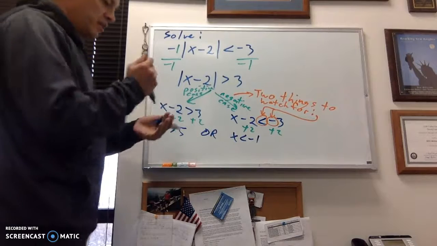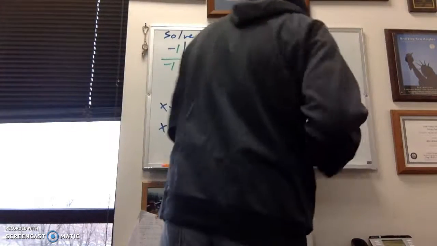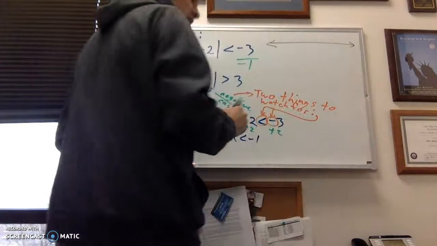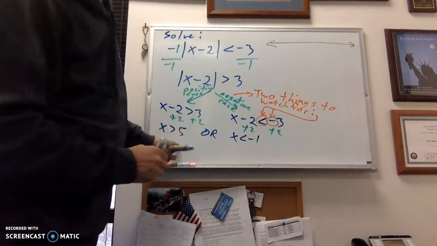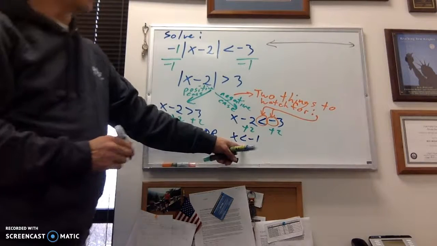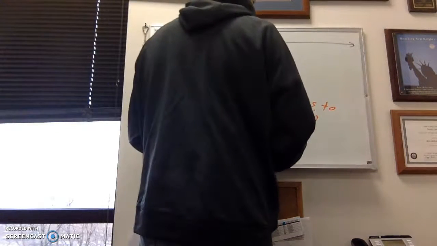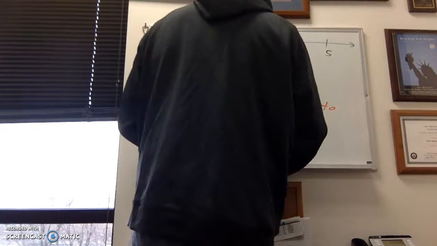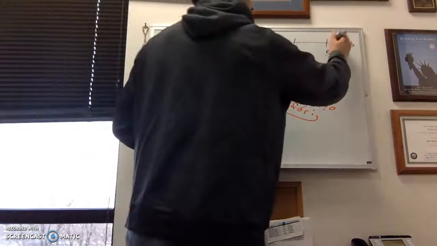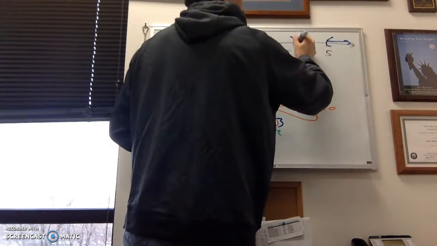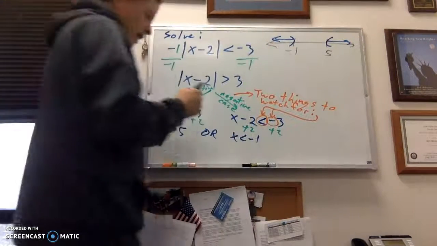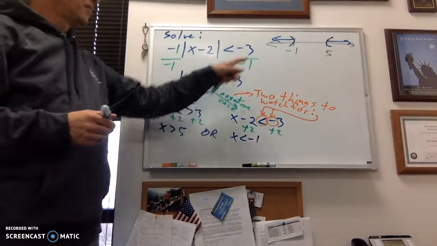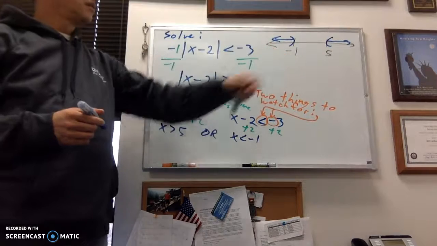Let me put this up here on the number line now. So we got values that are bigger than 5, but less than -1. Bigger than 5, less than -1. So here's our bigger than 5. Here's our less than -1. Now, had this been an and, my answer would have been no solution, right?